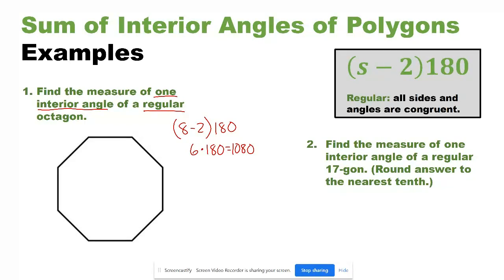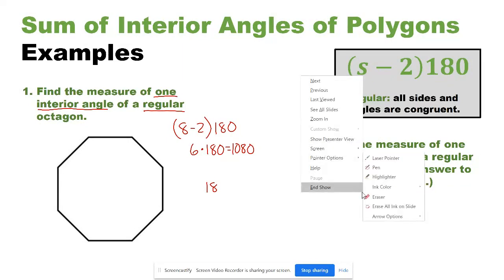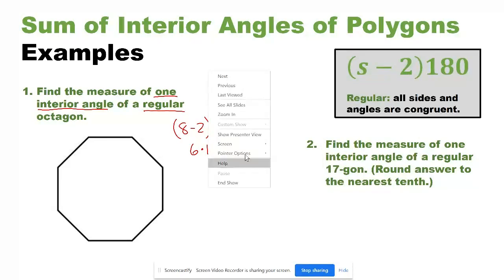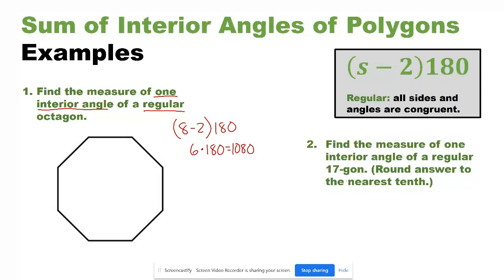Now here I know, because it's regular, that all 8 angles are congruent. They're all exactly the same. So whenever you're dealing with a regular polygon, what you would do is take that total, in this case 1,080, and you divide it by the number of angles, since they are all the same.